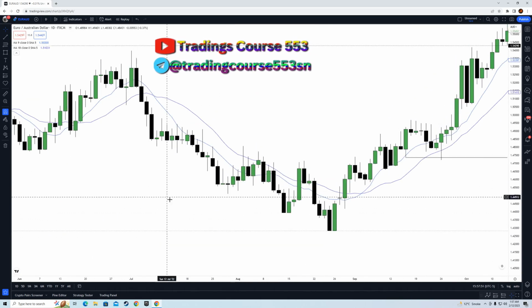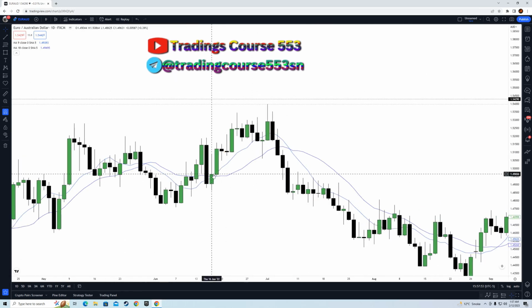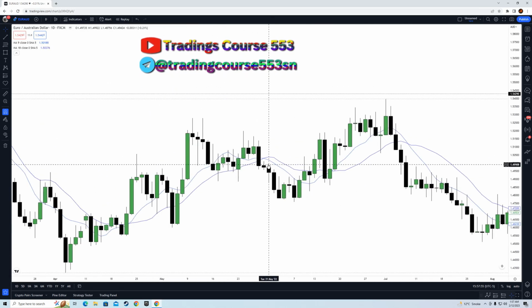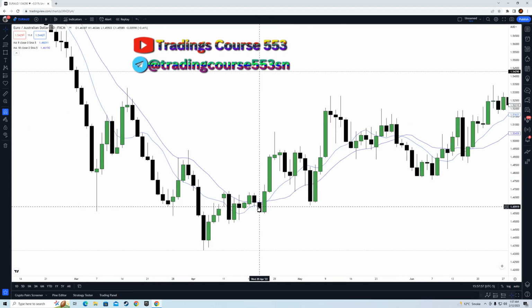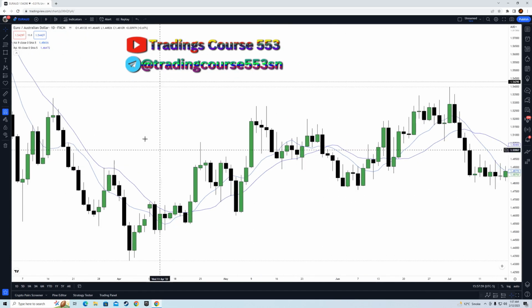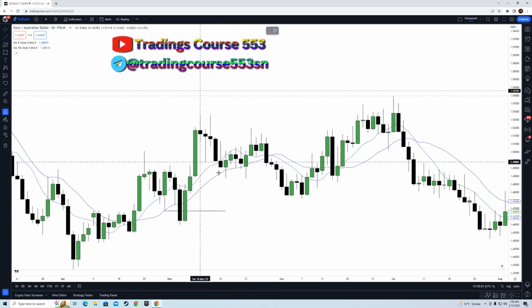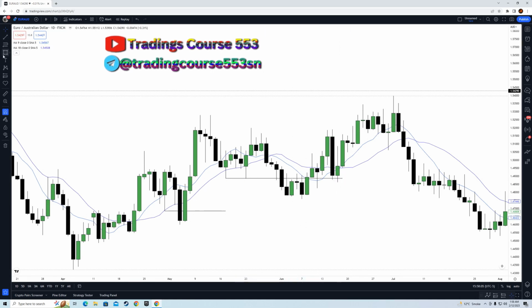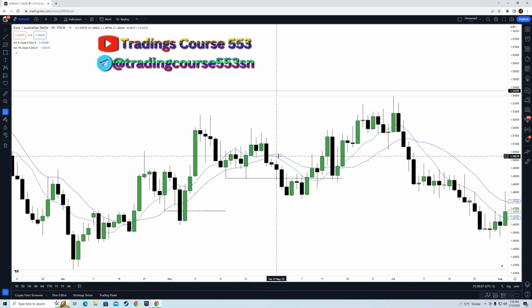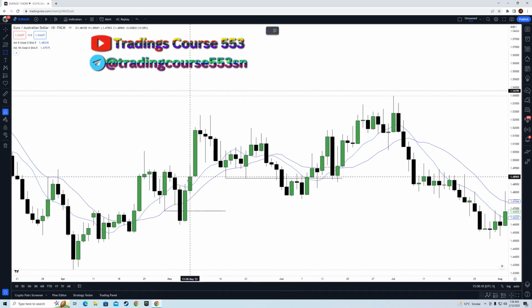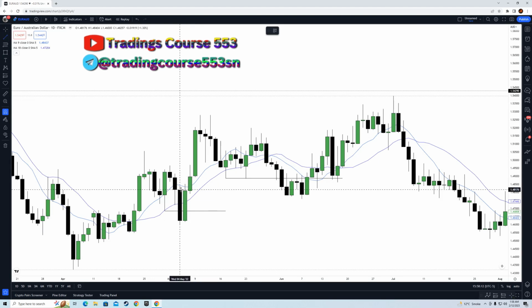So let me show you guys here as well. We have a cross, boom, cross over here, boom, move to the upside, cross here, bearish, cross here, bullish. You can see price swept liquidity here as well, move to the upside, price swept liquidity here as well. You could have been bearish for some days, but then there was this order block right here.